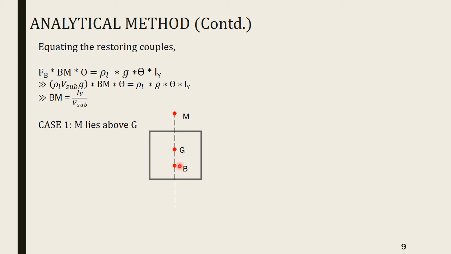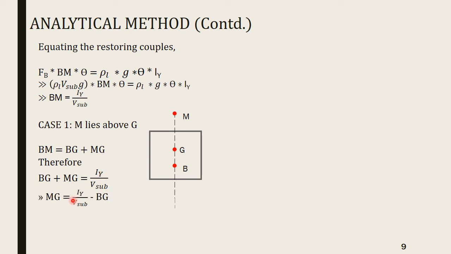In this case, BM is given by MG plus BG, and BM can be substituted by Iy by volume of the submerged portion. So BG plus MG is Iy by volume of submerged portion, or MG is equal to Iy by volume of the submerged portion minus BG. This is case 1, when the metacenter lies above the center of gravity.